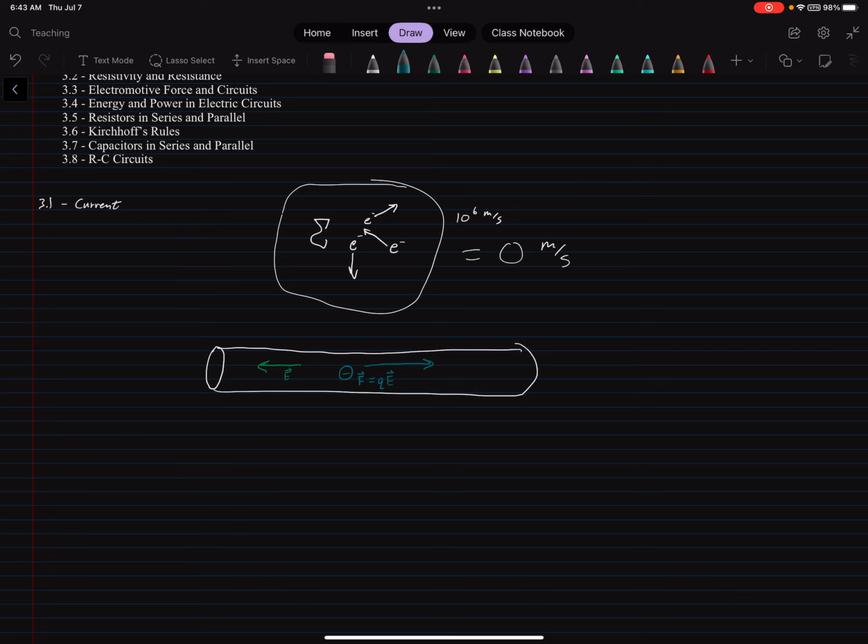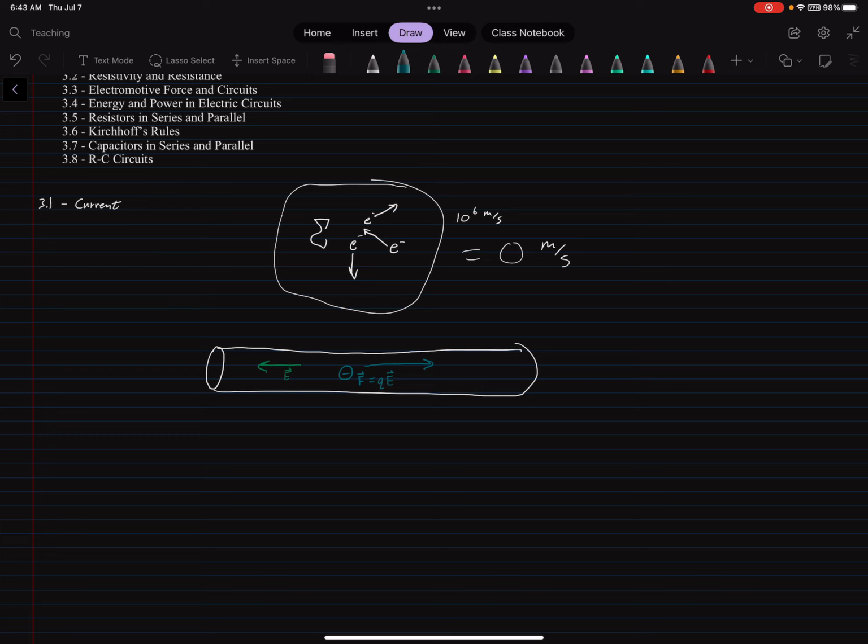But if we look at what's going on inside, an electron's path is oftentimes obstructed by lots of things. It collides with relatively large ions, right? The atoms and the nuclei in its path that make up the material itself. So despite these collisions, there's still a net velocity of electrons to the right, but it's slower than you might think, right?